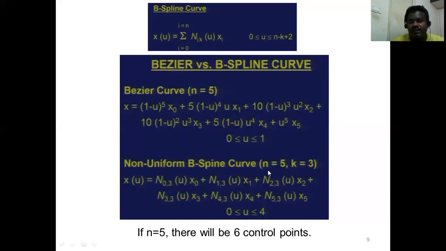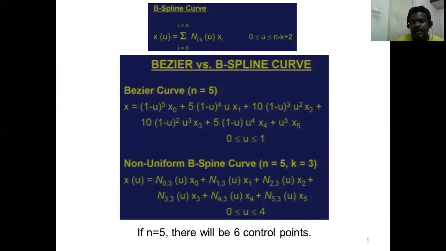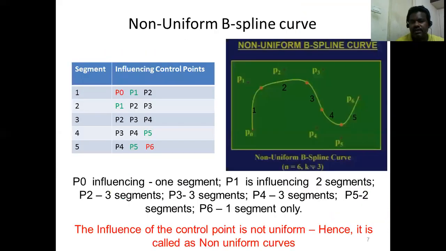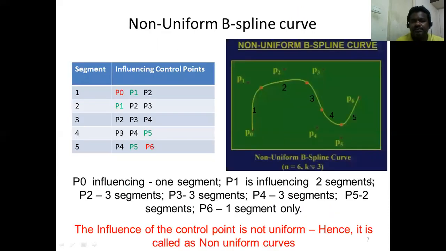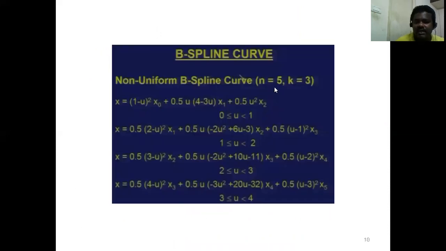In this case, if n is equal to 5 and k is equal to 3, how many segments can we have? The number of segments is given by n minus k plus 2. In this particular case, n minus k plus 2 will be 5 minus 3 plus 2, which is 4 totally.